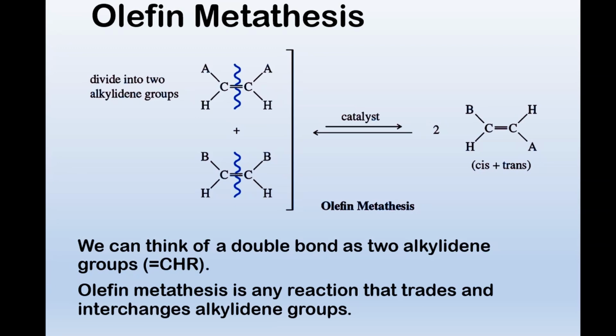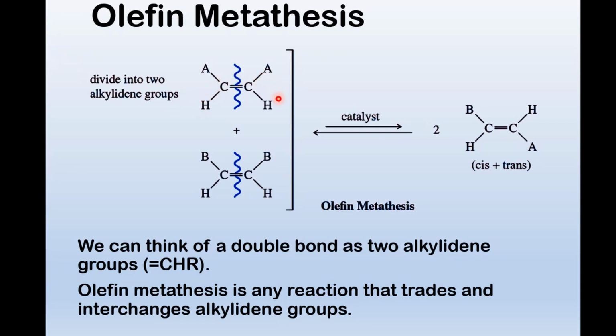Other interesting things to do with alkenes is this thing called olefin metathesis. Now, possibly in Chem 1, your double replacement, your teacher might have used metathesis in there because it's like an exchange.